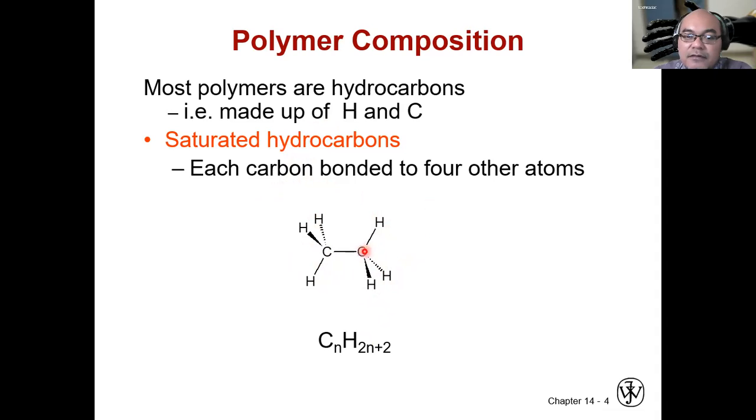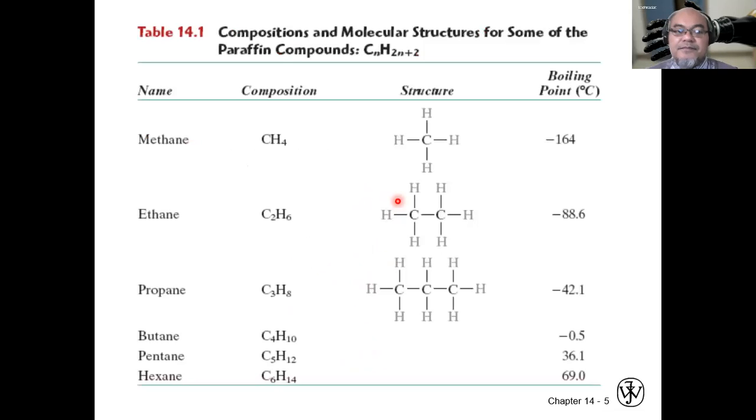And with a dash line, it means the H here is going towards the screen. So this is an ethane molecular structure, C2H6, a kind of saturated hydrocarbon, because each of the valence electrons in the valence shell of the carbon is bonded to one hydrogen or to another carbon atom. So the formula is CnH2n+2.